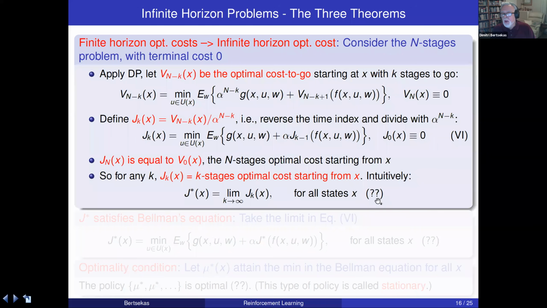Now you see I have some question marks here because while this theorem holds, in most cases there are exceptions. Now for the problems that we are going to be looking at, there will be no exceptions except minor exceptions, let's say. And I'm going to alert you to those. But in general, we can assume that this convergence holds.